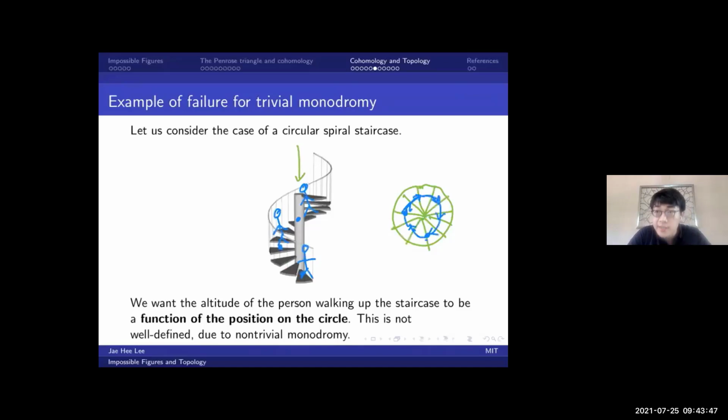If you come back to the same point, now you're in trouble, right? Because you started at a certain distance, you made a full turn, and now you arrived at some higher distance. So if you want to define the distance as a function of your position on the circle, it's not well defined. It doesn't pass the vertical line test. You cannot associate a single value to the position.